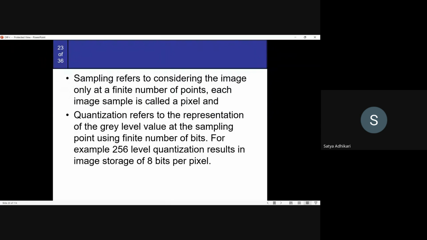Once you get the location and its gray level value, it is easily converted to a digital image.